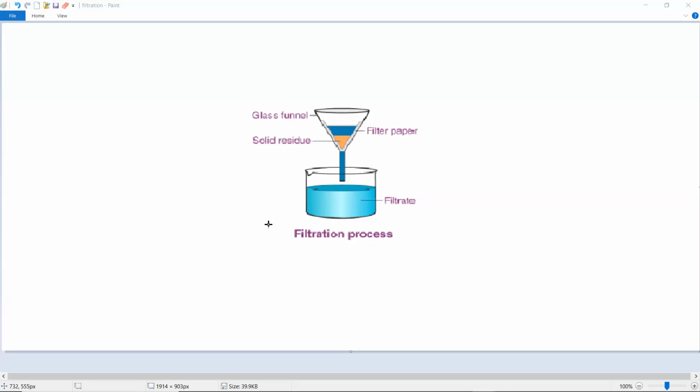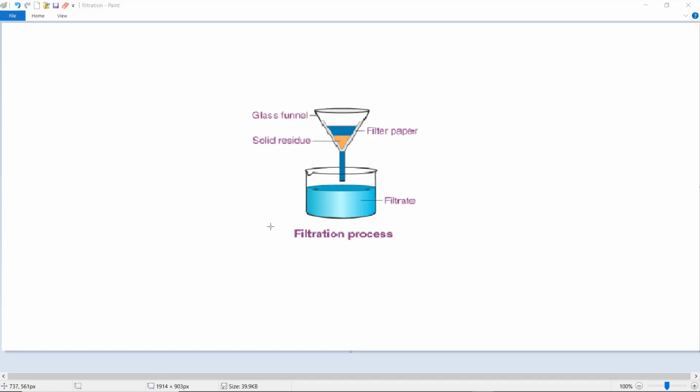In the filtration process, the mixture is allowed to pass through a filter with pores that allow the liquid to pass through but not the solid particles. The solid left on the filter is called residue, and the clear liquid which passes through the filter is called filtrate.